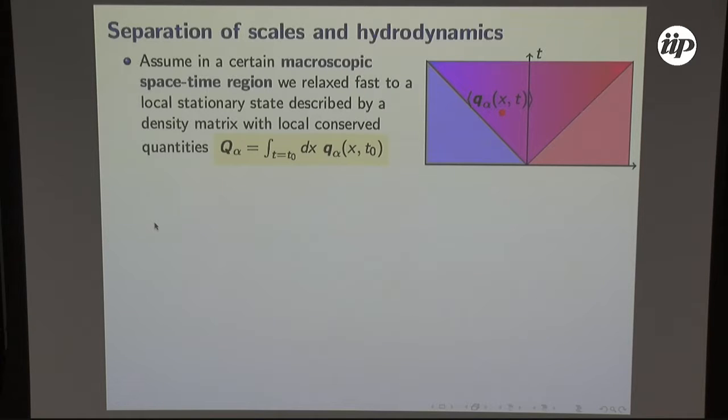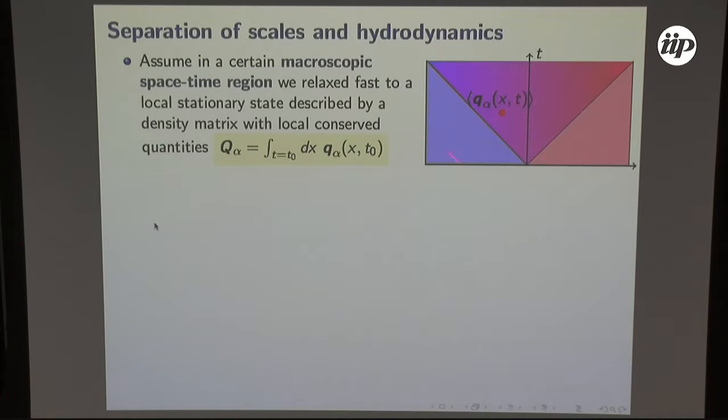It's too complicated. You would have to do Bethe Ansatz, but even more. What you can do is try to generalize this hydrodynamical argument that I did for free fermions to the interacting case.